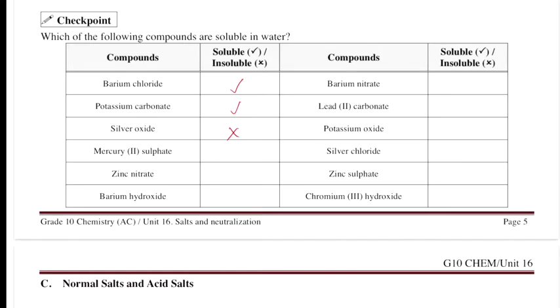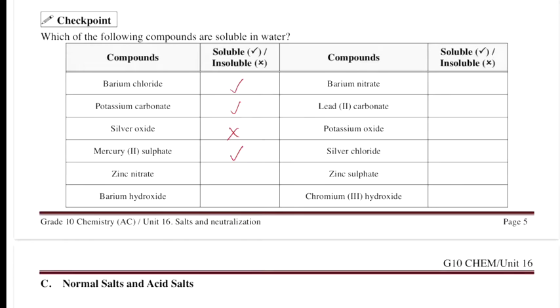Remember the ABC PEP. A is silver, B is barium, C is calcium, P is lead. Only these 4, when combined with sulfate ion, are going to be insoluble. So mercury, when combined with sulfate, should be soluble.